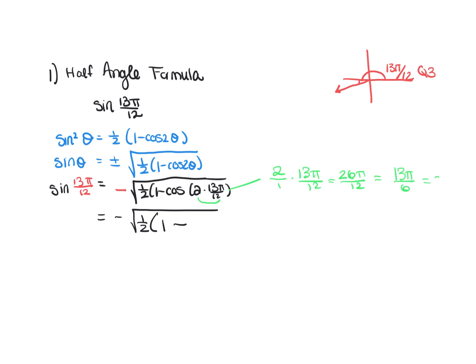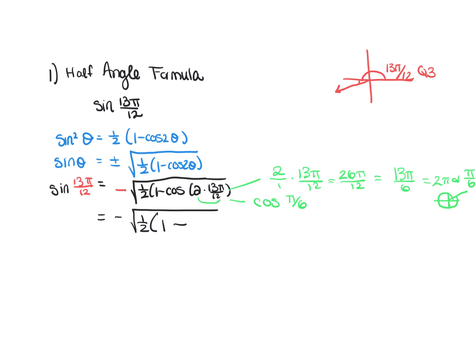So this is the same thing as 2 pi's and another pi over 6 more. Well, 2 pi just means I spun around the circle for fun, and then I went to pi over 6. So I could write 13 pi over 6 in place of this 2 times 13 pi over 12, but that is coterminal. It is the same place as pi over 6. So this is really saying cosine of pi over 6.